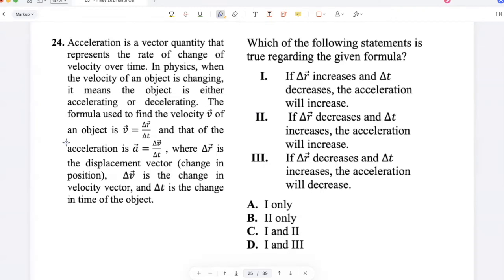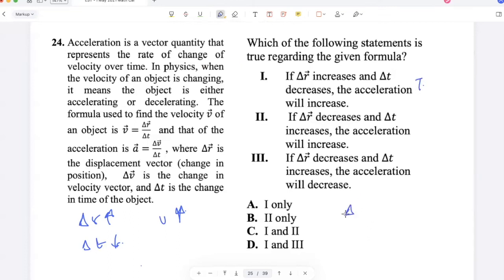Which of the following statements is true regarding this formula? Okay, so if delta r increases and delta t decreases, the acceleration will increase. So delta r is increasing and delta t is decreasing, so velocity will increase. If velocity increases and delta t is decreasing, then acceleration will increase. So this is true.